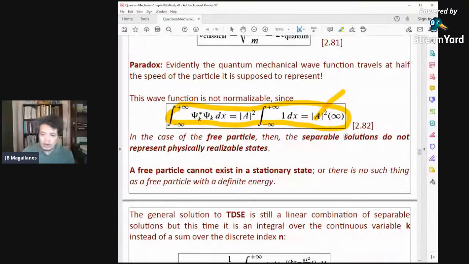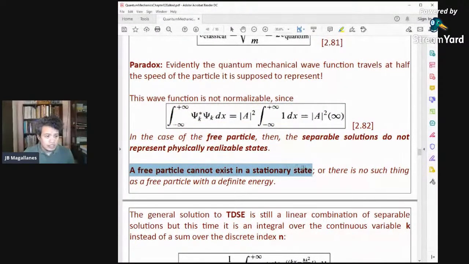Therefore, the separable solutions do not physically represent realizable states for the free particle. So a free particle cannot exist in a stationary state, or there is no such thing as a free particle with a definite energy.